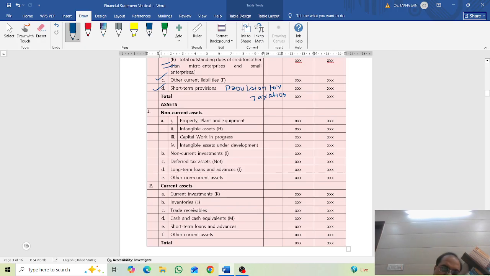But under the asset side, only 2 major heads. Number first is the non-current assets, or number second is the current assets. Non-current asset is a long-term asset, and the current asset is a short-term asset.